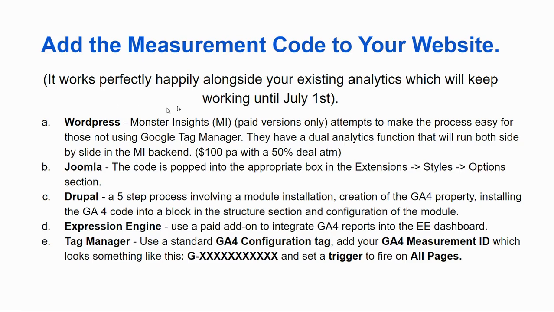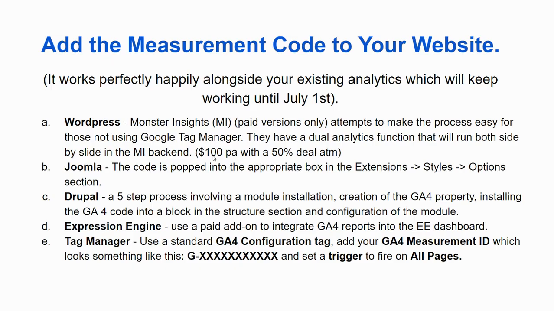If you're using WordPress, the Monster Insights plugin that a lot of people are using, the paid version, does make the process very easy. They've got this dual analytics function that will run both lots side by side, and you'll have two easily comparable sets of data.